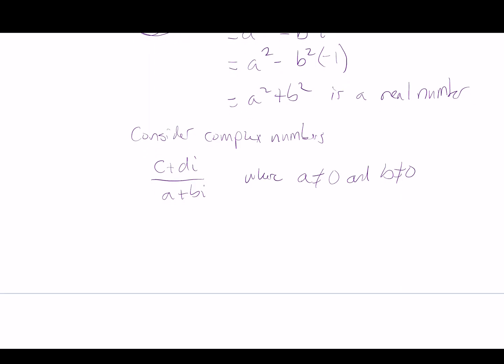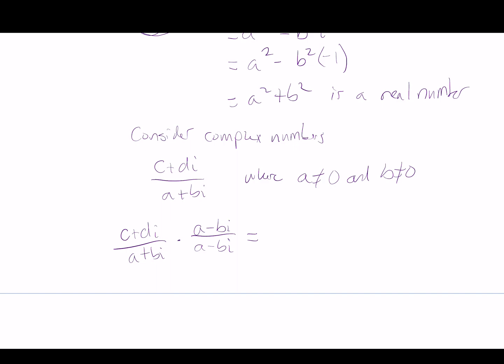Then we get, where we multiply by the complex conjugate of whatever our denominator is. Well, our denominator in this case is a plus bi. So to simplify this, we need to take c plus di over a plus bi times a minus bi over a minus bi. So we have to perform those multiplications in the numerator and the denominator.